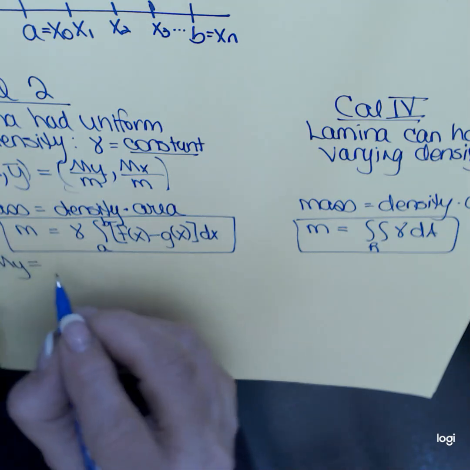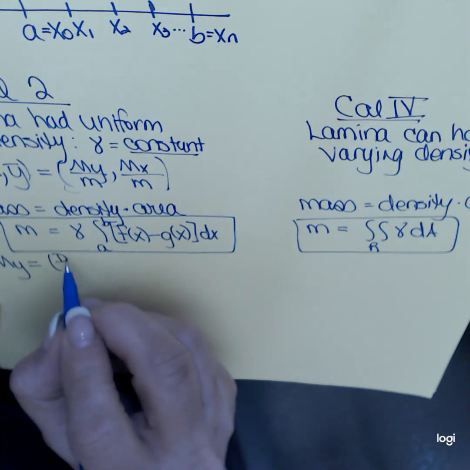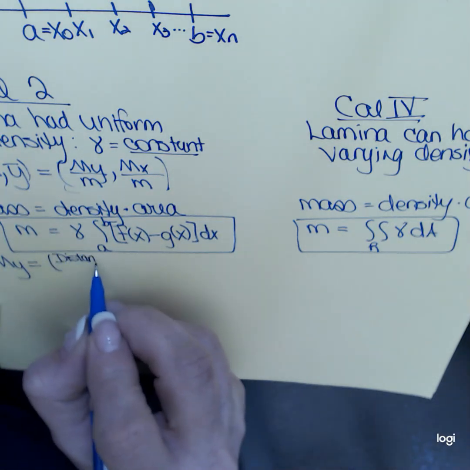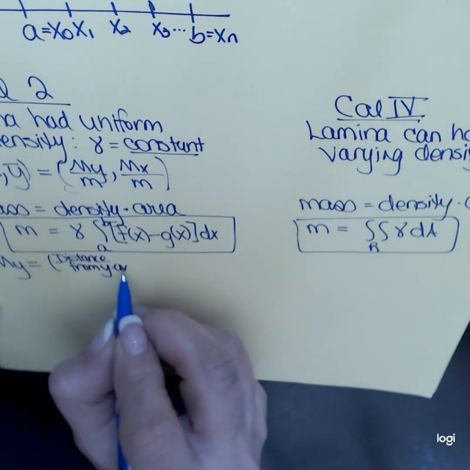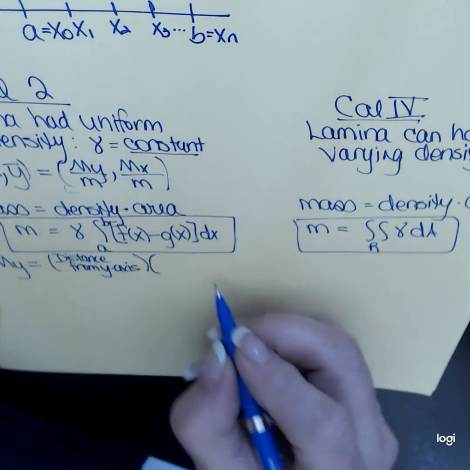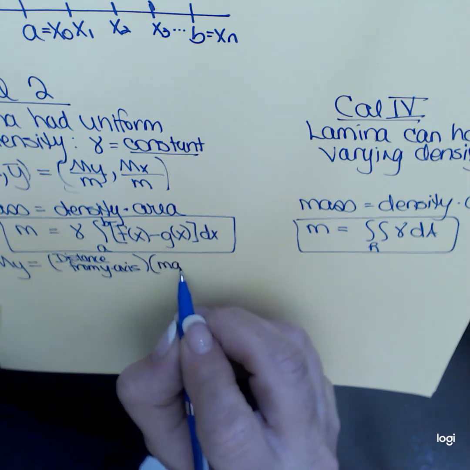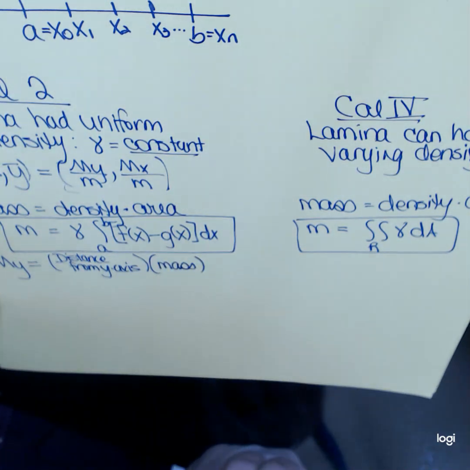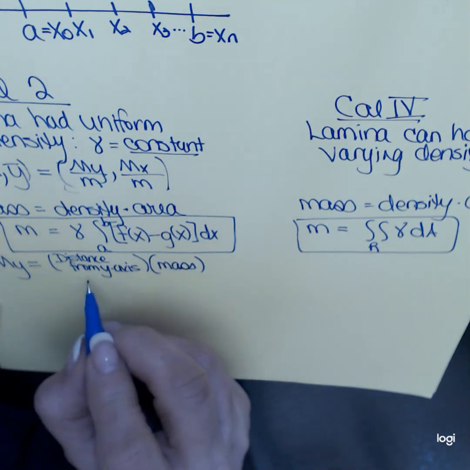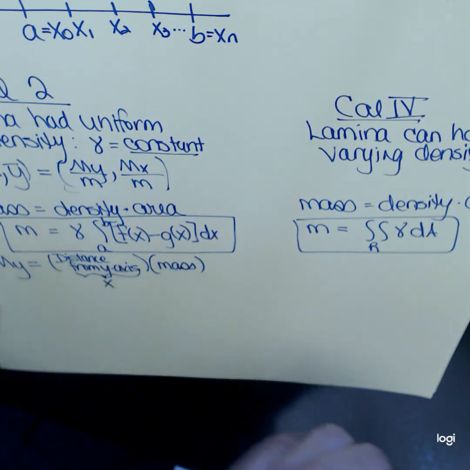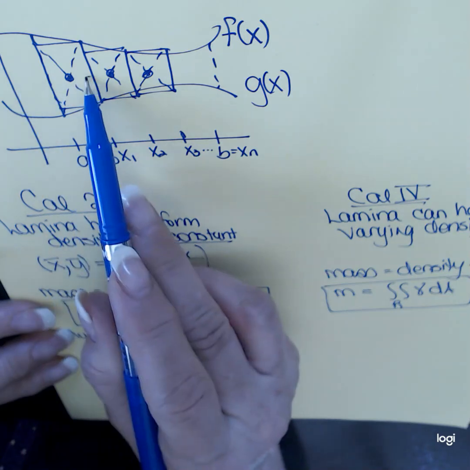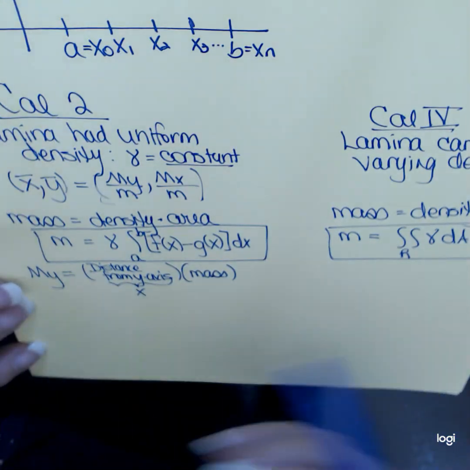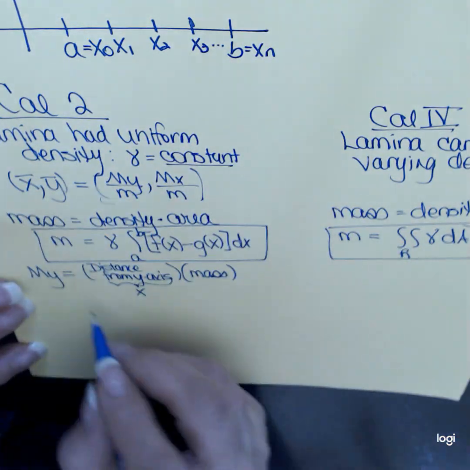Now, by definition, this is the distance from the y-axis times the mass of the system. Well, the distance from the y-axis is simply x. That's how we determine how far out we get. We go a certain amount x, and that tells us how far we are located away from the y-axis.